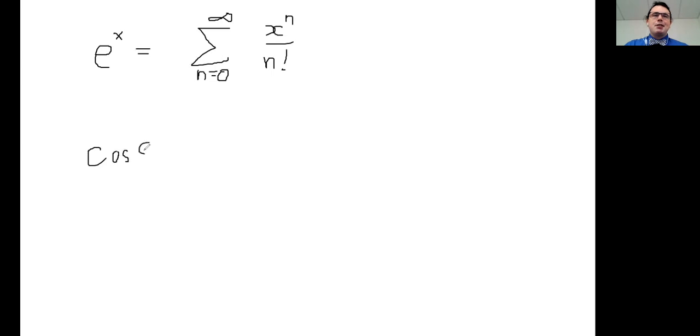Another one is that the cosine function can be written as a Maclaurin series. Again, the sum from n equals 0 to infinity. But because the cosine function is an even function, I'll only have even powers of x showing up in the series expansion.